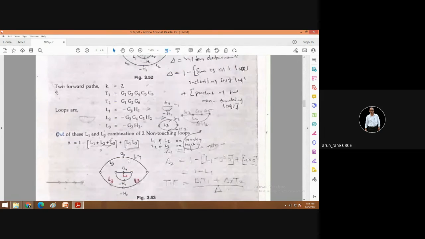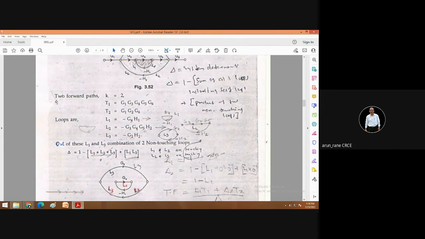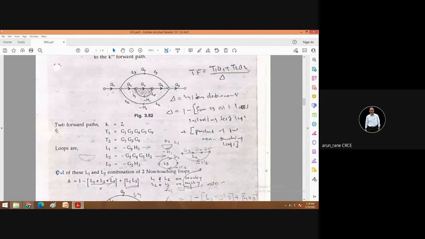So you have to see now which loops are touching T1. T1 is this, and T2 is this. L1 is touching T1, L2 is touching, and L3 is also touching.